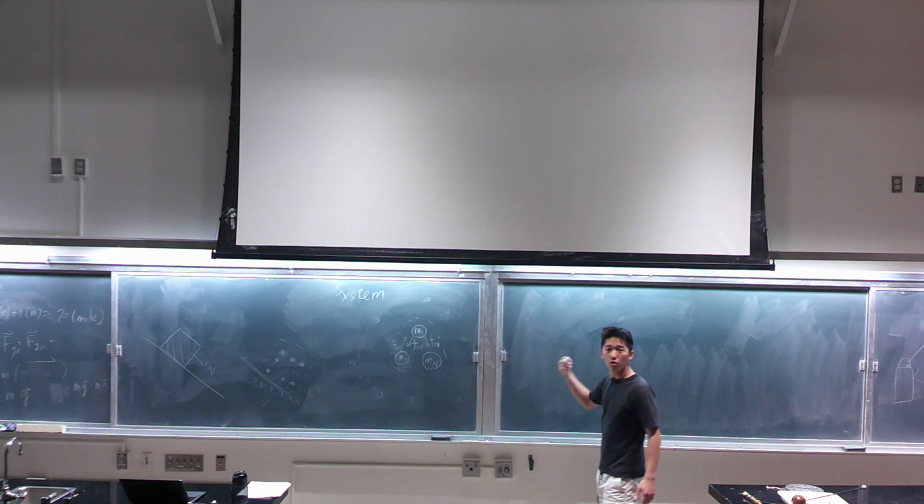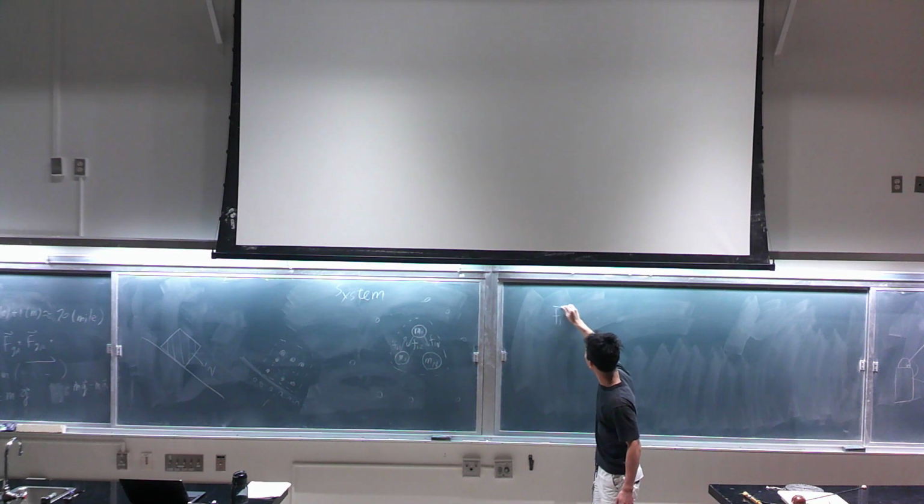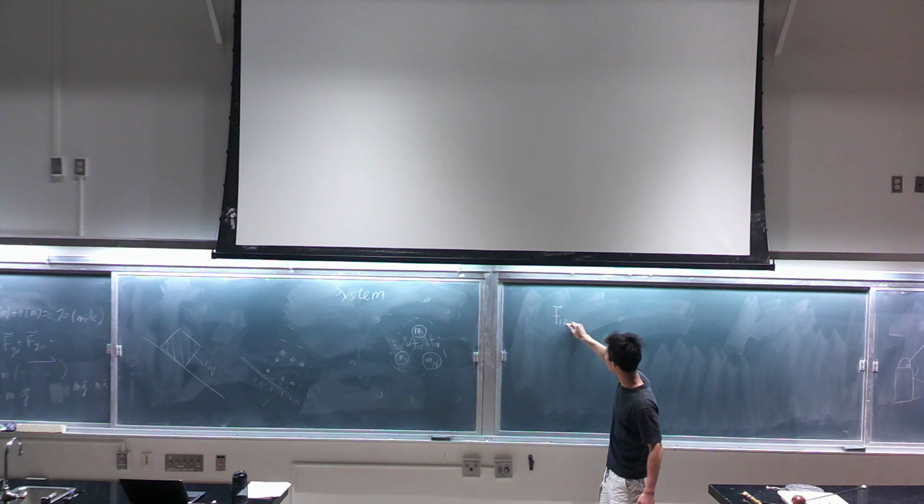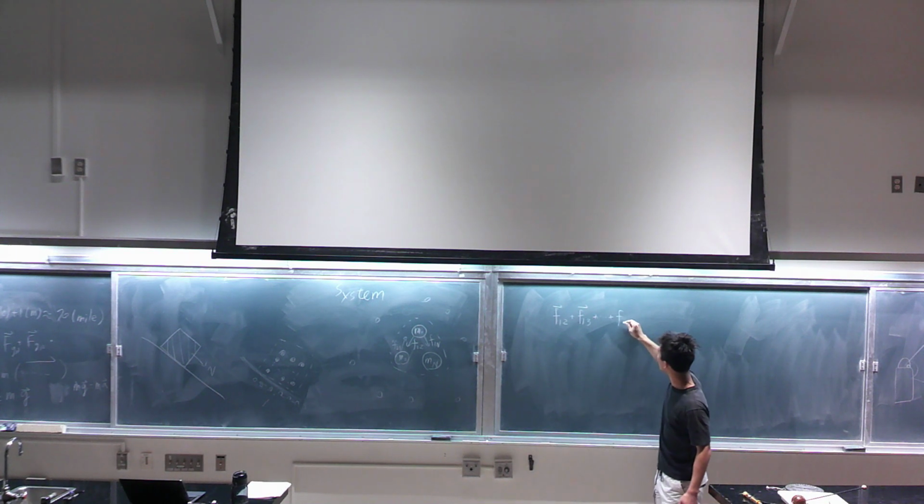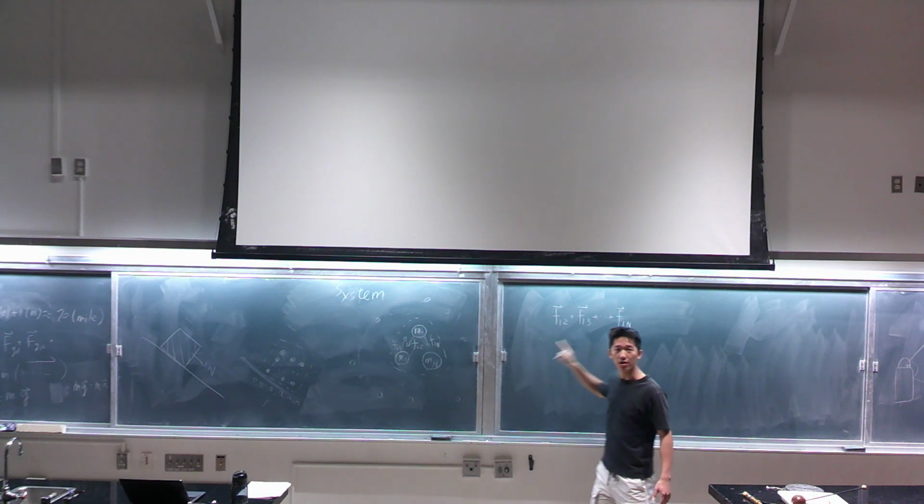So the total force acting on the first particle will be the force acting on the first particle from the second particle, the force acting on the first particle from the third particle, and you keep adding them until you reach the force acting on the first particle from the nth particle.